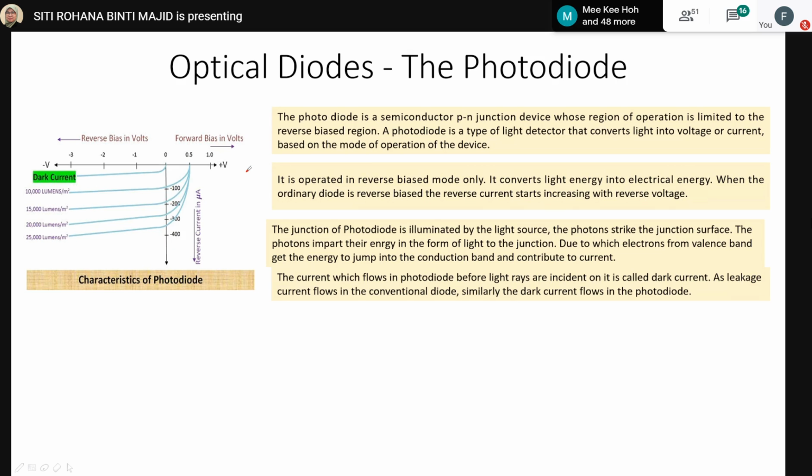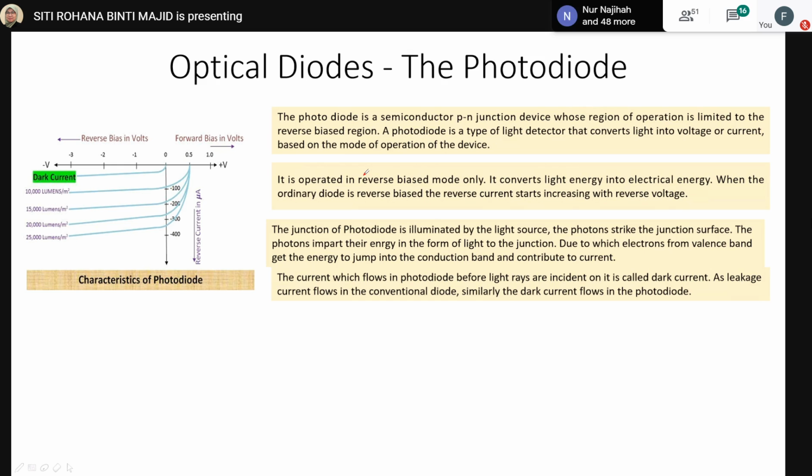And then the operation of a photodiode is limited or restricted to the reverse bias region. That's why the results of the photodiode are recorded in reverse bias voltage.